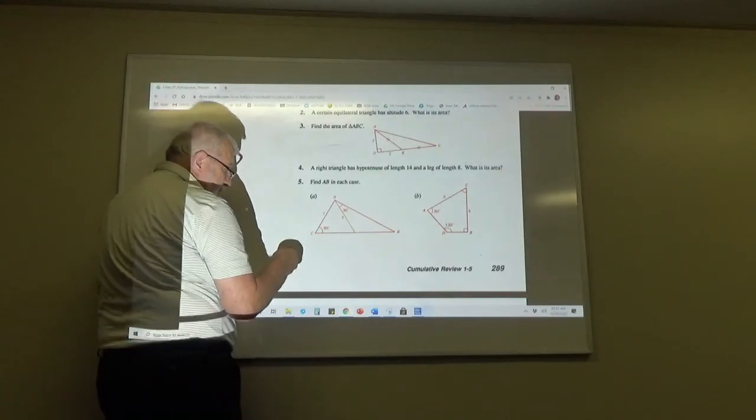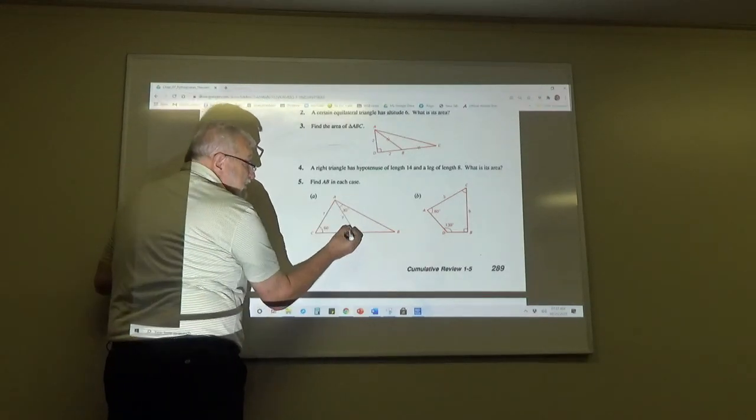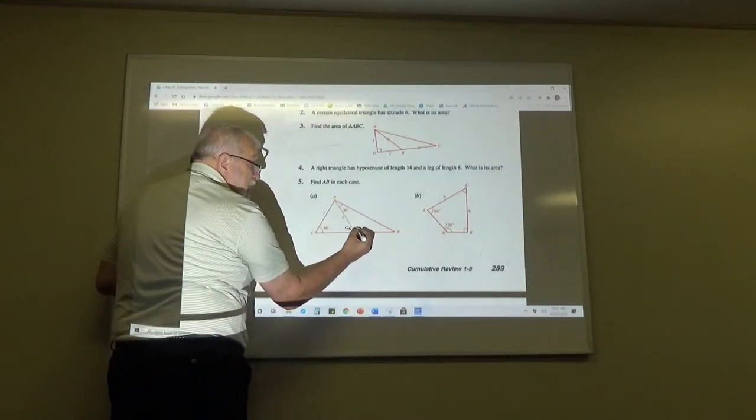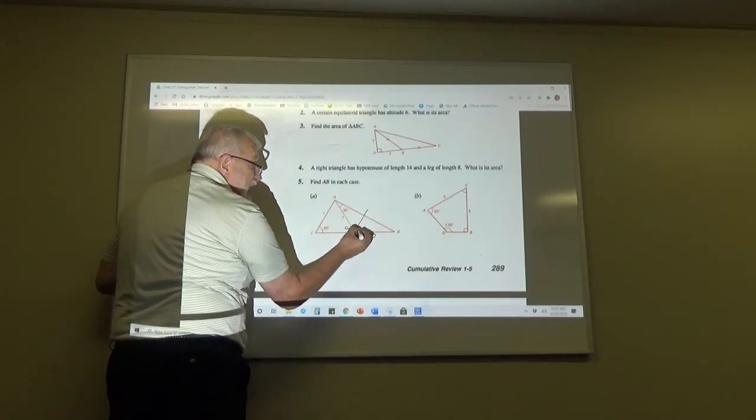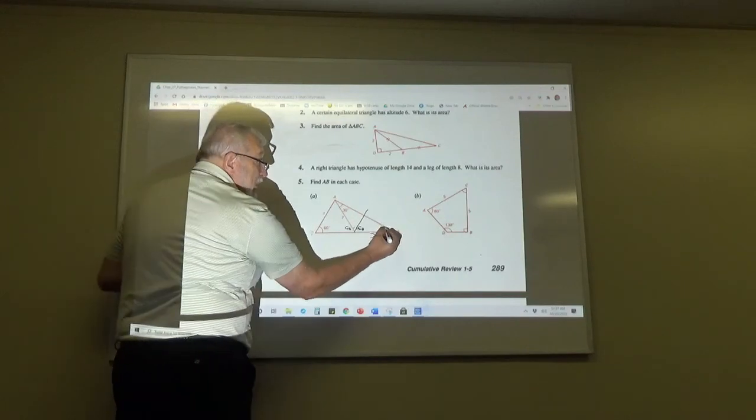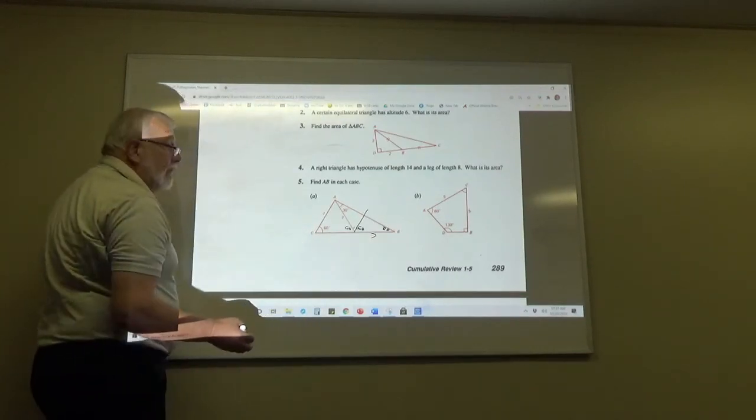All right, this is 60 because it's a base. That makes this 120. When this is 7, that makes this bisect. That's a 60-degree angle, and this is a 30-degree angle.